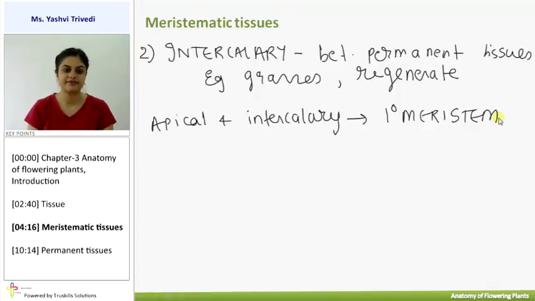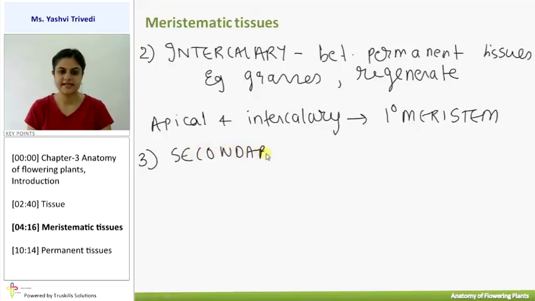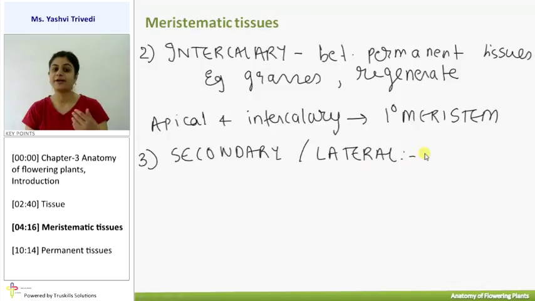The third type of meristem is, you can say, secondary, because these two were primary. So secondary meristem, or we can also call it lateral meristem. Okay, now why do we call it that?